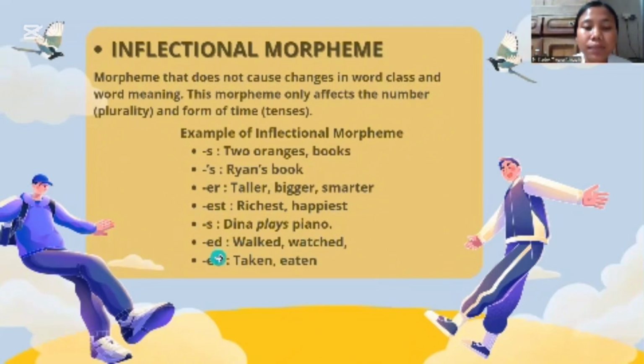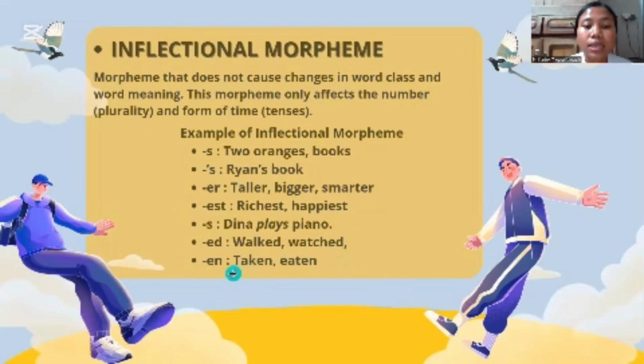Next is ed. Ed explains the change from the base word into a past tense. By adding ed at the end of the word, it can change the base word into the past form. For example, walk to be walked, and then watch to be watched.